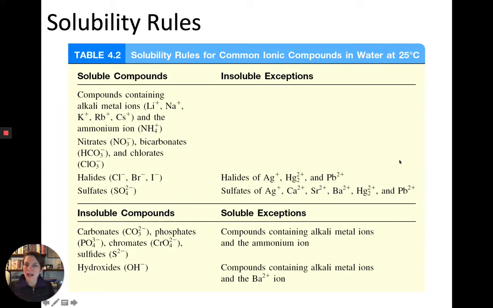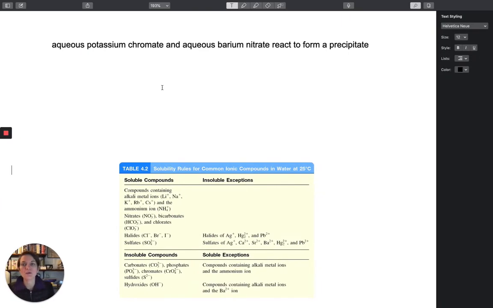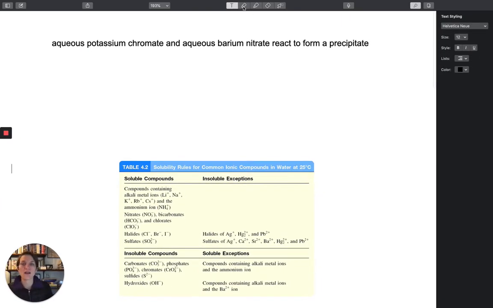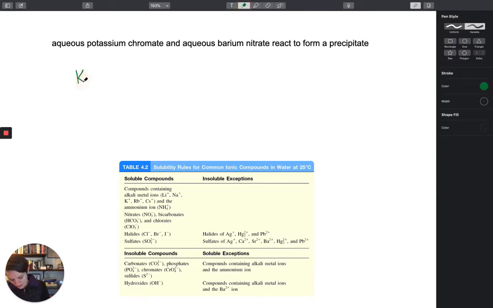Let's go back to that example we had with potassium chromate and barium nitrate. Okay, so we have K2CrO4 plus our barium nitrate. First, let's see if what I said is correct, that these actually are electrolytes and they're going to break apart.